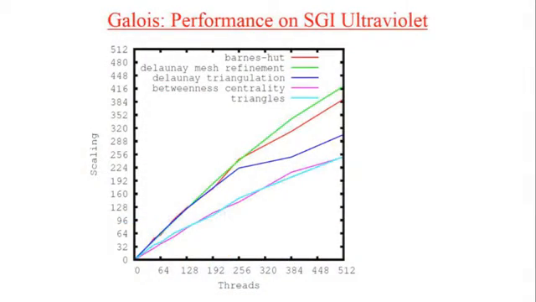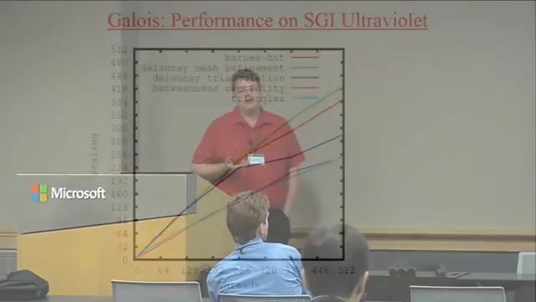Now, given that we're doing all of this stuff for the programmer, can we actually get good scaling and performance? And the answer is yes. So here is an SGI Ultraviolet. This is a large NUMA machine. Each blade has 2 boards. Each board has 2 packages of 8 cores, each connected by internal network running through SGI's directory controllers.